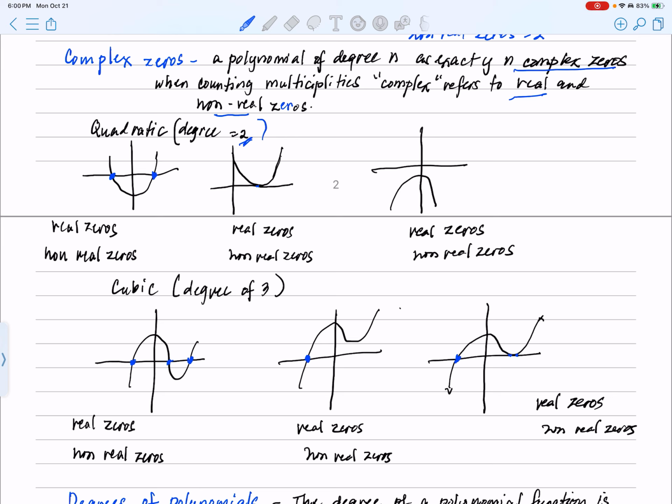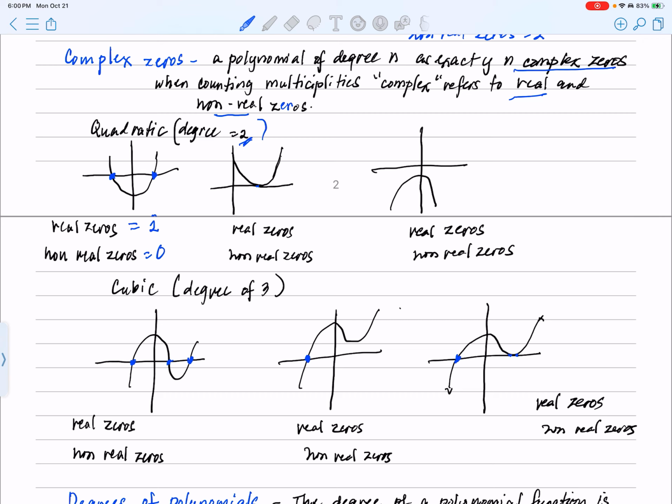In this case right here, I have the points here. So those are the zeros. I have 2 zeros. Since the sum is 2, my non-real zeros is 0. I have none. So 2 plus 0 is equal to the degree.